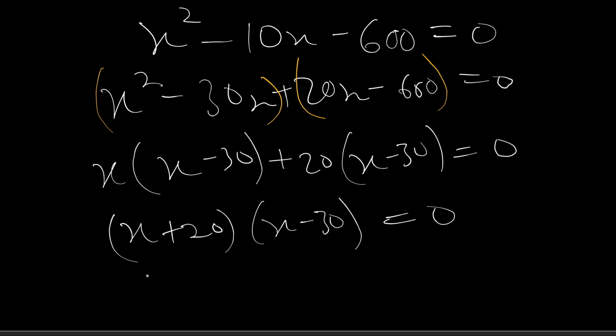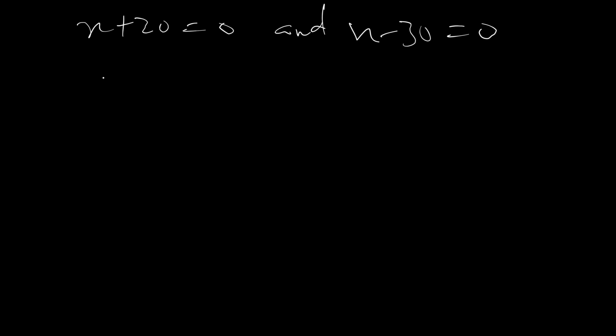So we can say that x plus 20 is equal to 0 and x minus 30 is equal to 0. So we have x is equal to negative 20 and x is equal to 30.